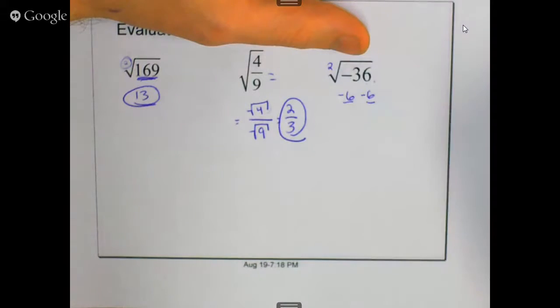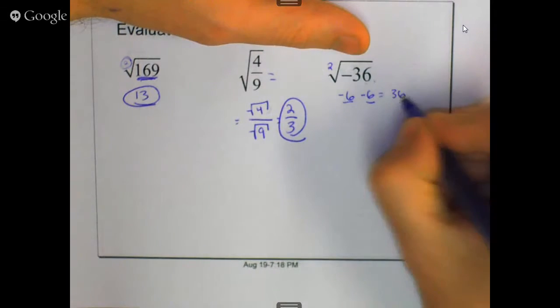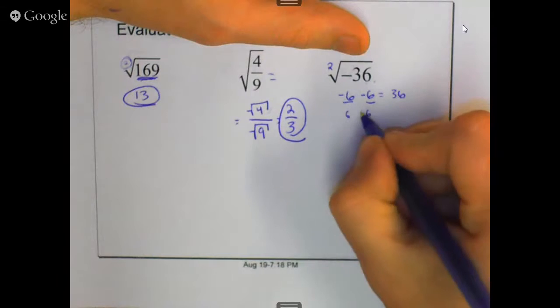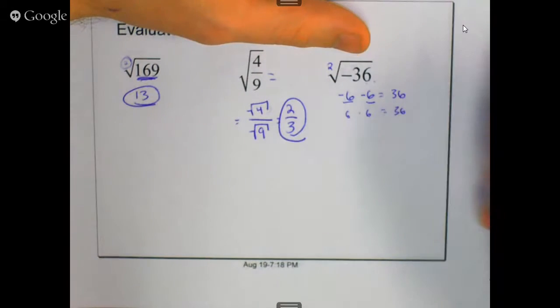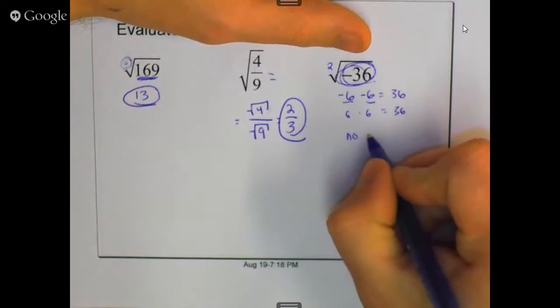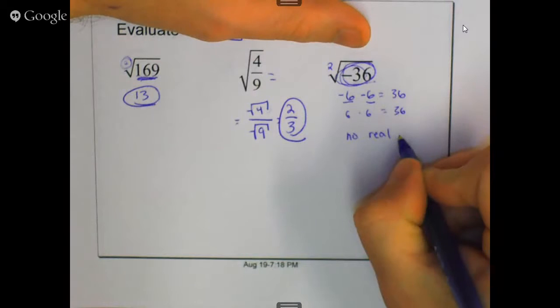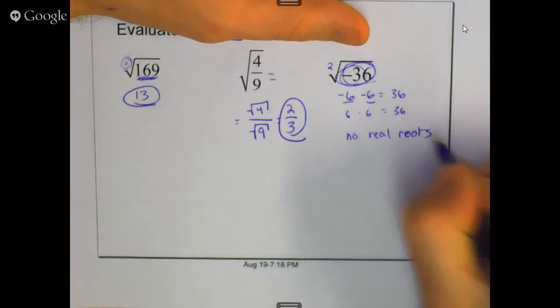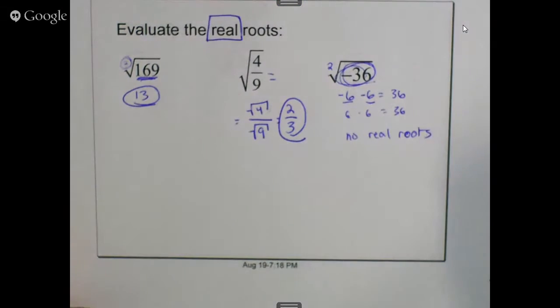If we say negative 6, that's still positive 36. And if we say 6, that's positive 36. So there's no way to get this negative number right here. So we'd say this has no real roots. Okay, that one has no real roots.